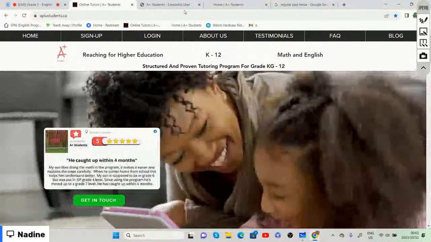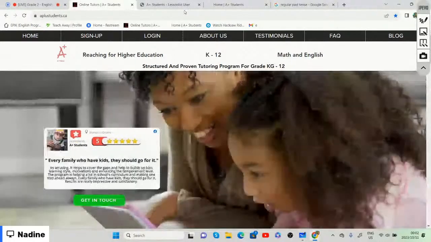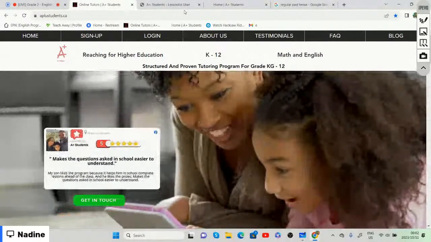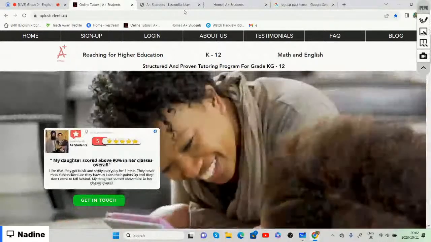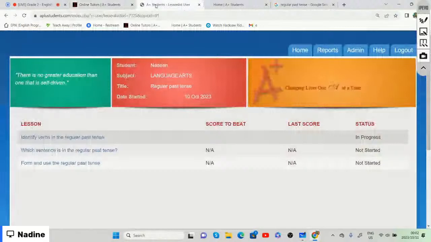And once you select the subject of language arts, grade 2, you're going to scroll down until you get to the chapter of regular past tense. Right, so we're going to select the subject of regular past tense.